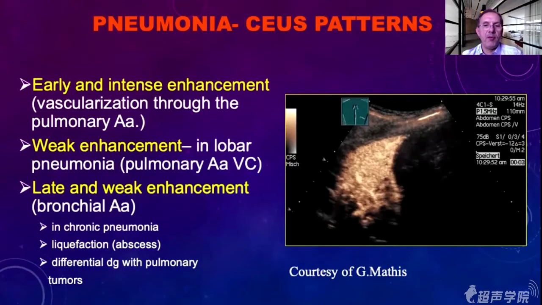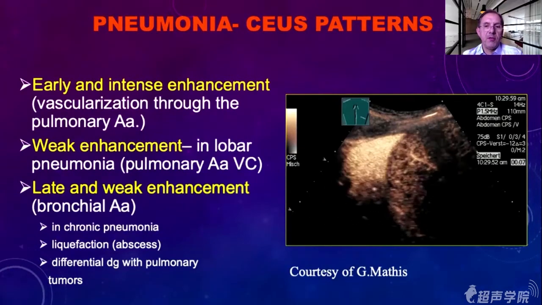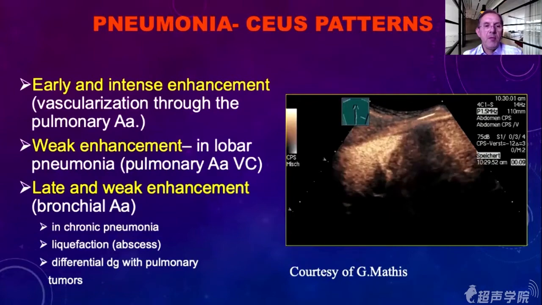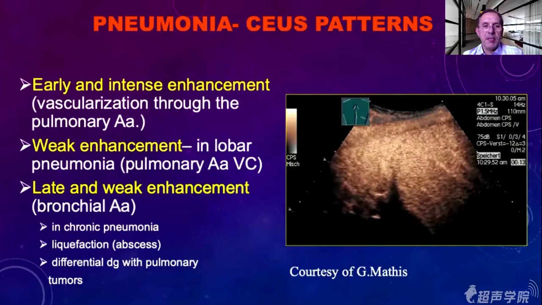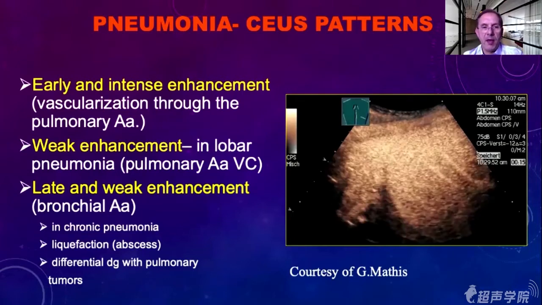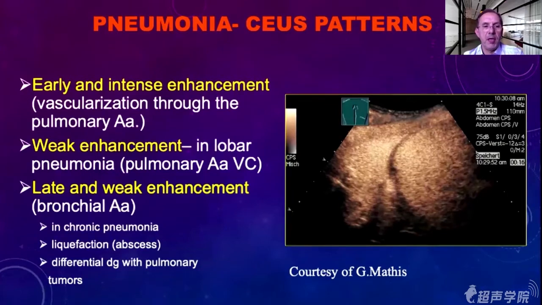In pneumonia, we have an early and very intense enhancement, as you have seen in this movie, because the vascularization is through the pulmonary artery. In some cases of lobar pneumonia, we may have a weak enhancement because we have a vasoconstriction of the pulmonary artery.